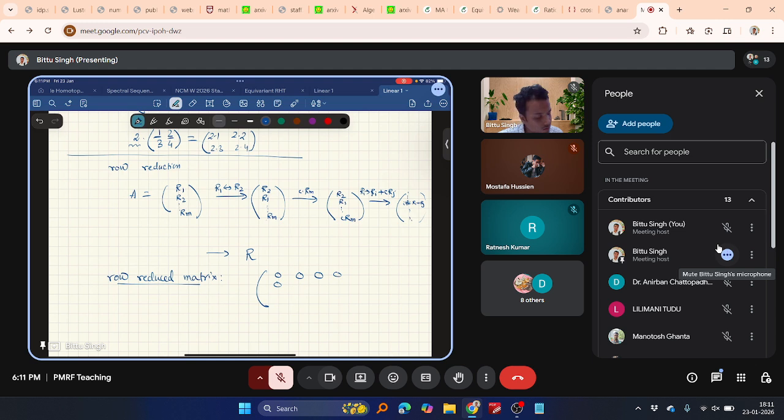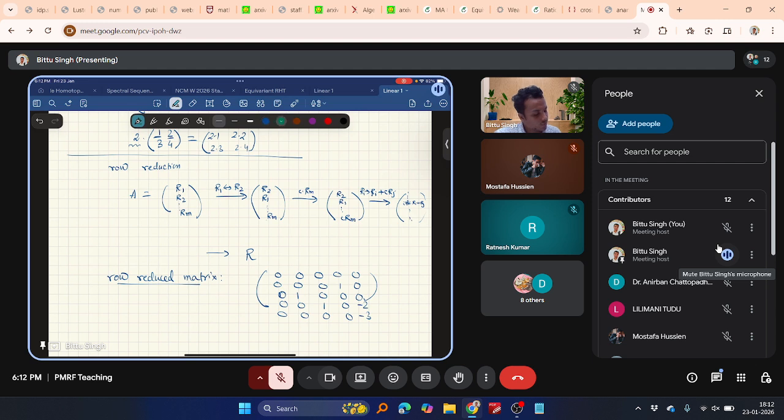That is the main thing. 0 0 0 1 0, 0 1. So this is an example of a row reduced matrix.